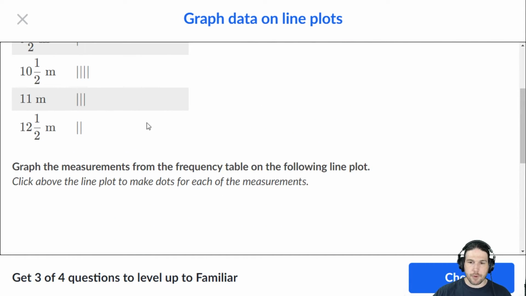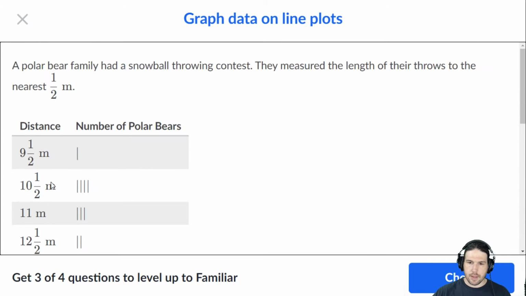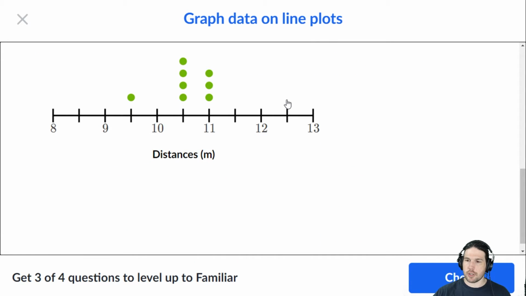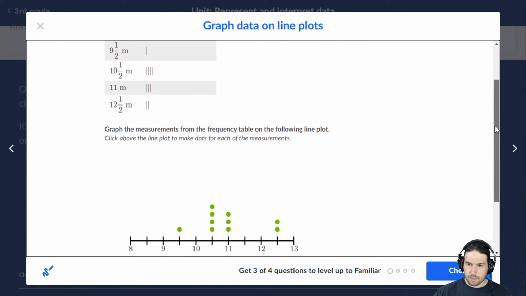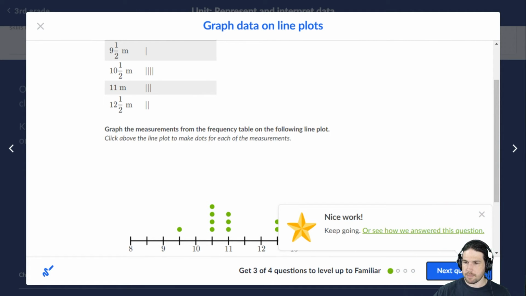Yeah. And then for 11, it's 3. And then for 12.5, it's 2. I think I got that right, but I'm going to back up and just be sure. 1 on 9.5, 4 on 10.5, 3 on 11, 2 on 12.5. Done and done.